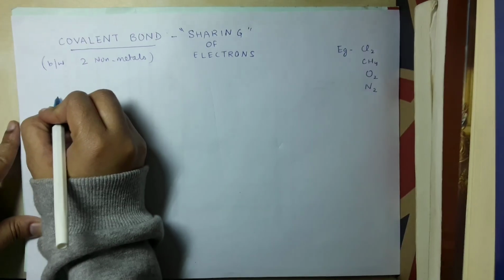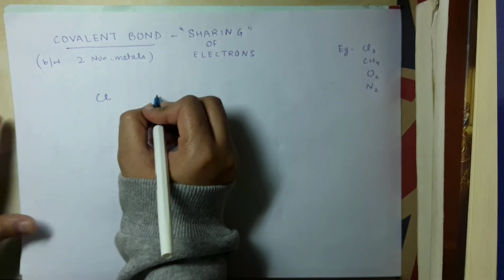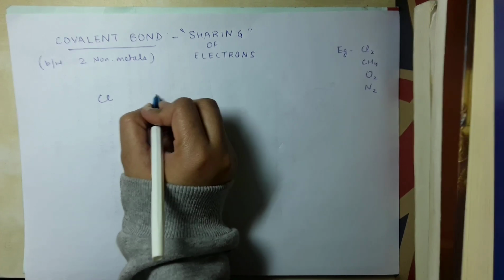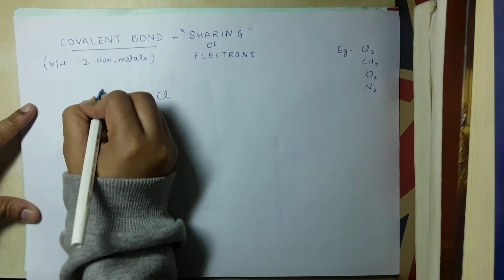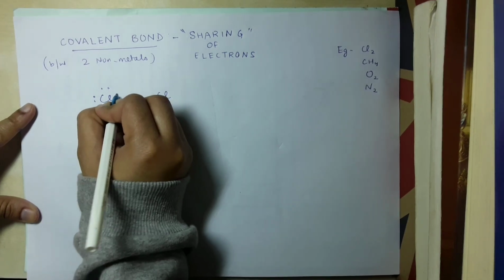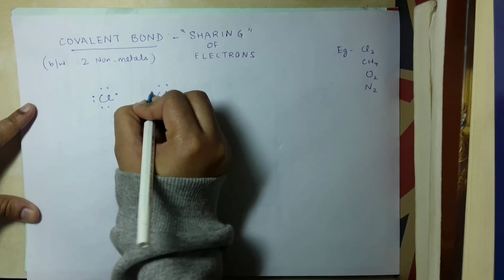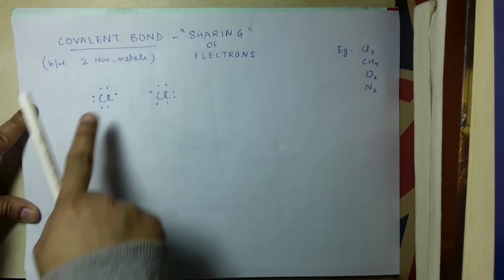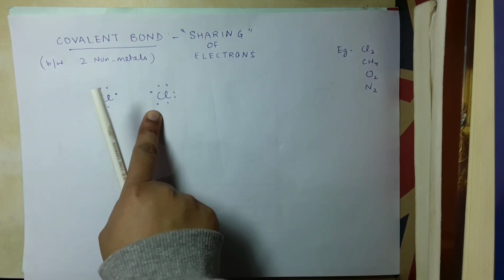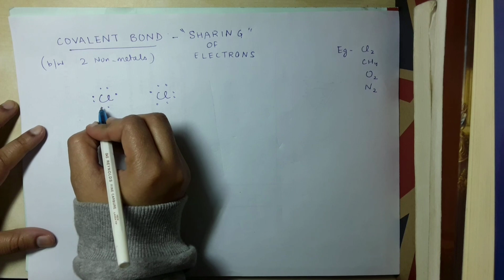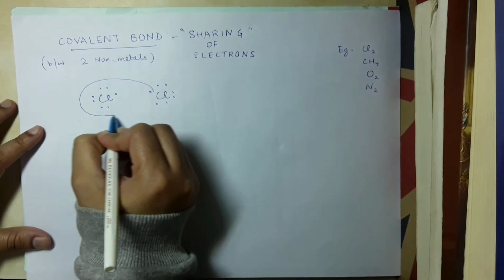Let's take one example, like Cl. So you know Cl had, we just saw, 7 electrons here, 7 electrons here, right? It needs 1 electron. This also needs 1 electron. So what it is going to do is, Cl says, okay, when I need an electron, I'll just borrow one from you or share one with you.